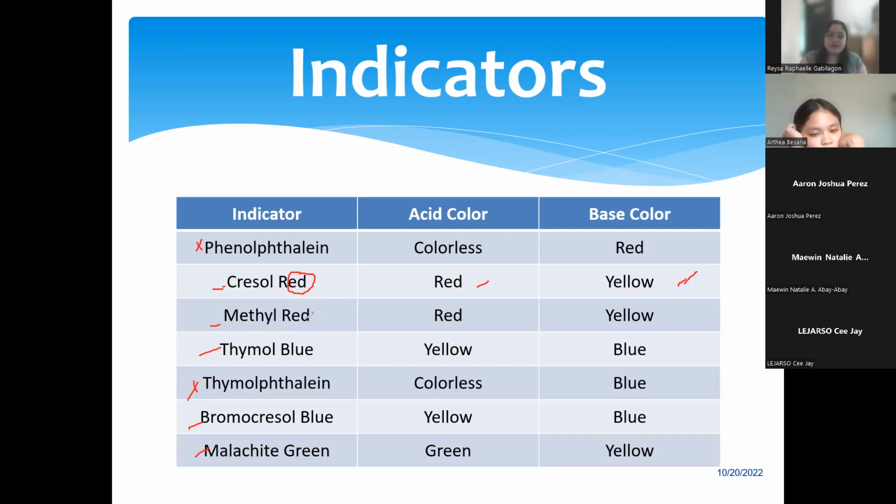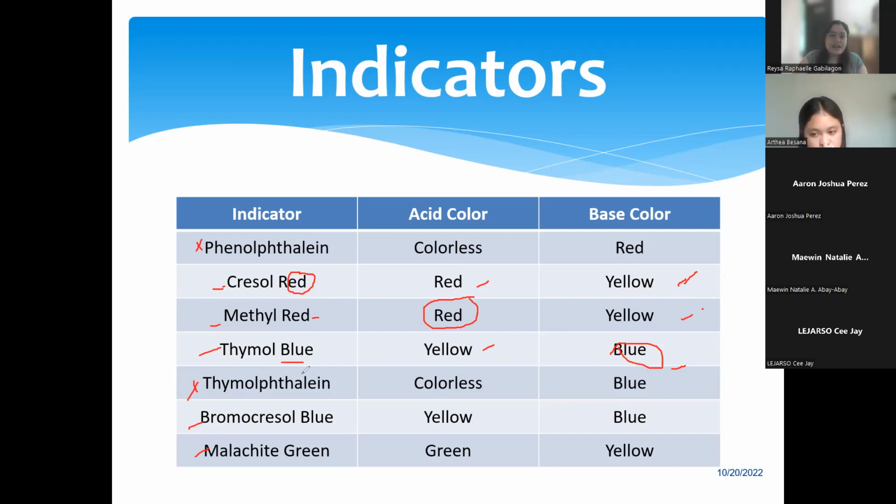Okay? So that is also true for methyl red. Sa acidic na environment, red ang color niya and automatic ang partner niya ay yellow. Nabaliktad kasi ito sa thymol blue kasi si thymol blue doon siya sa basic environment magko-color blue, but please take note, ang partner niya pa rin ay yellow.